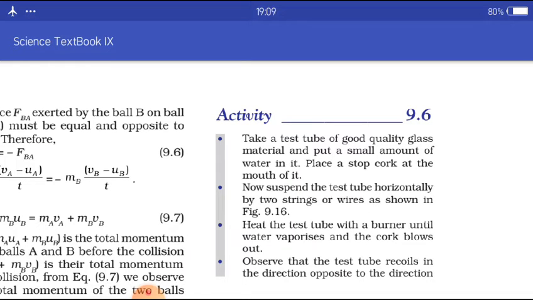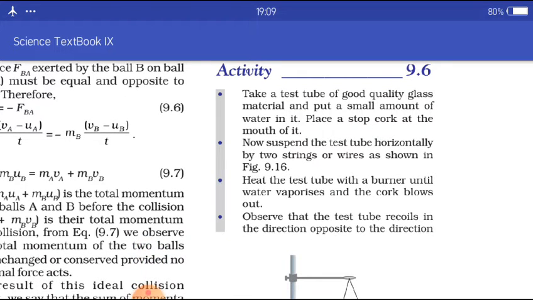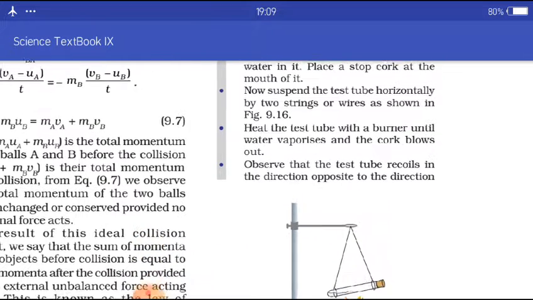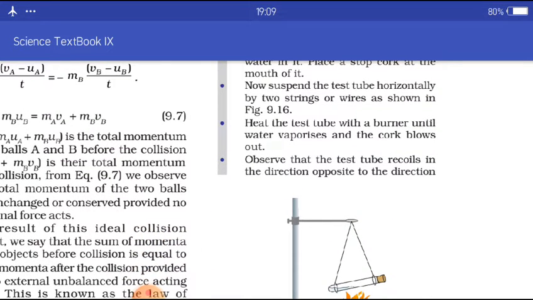Activity 9.6. Take a test tube of good quality glass and put a small amount of water in it. Place a stop cork at the mouth of it. Now suspend the test tube horizontally by two strings or wires as shown in figure 9.16. Heat the test tube with a burner until water vaporizes and the cork blows out.